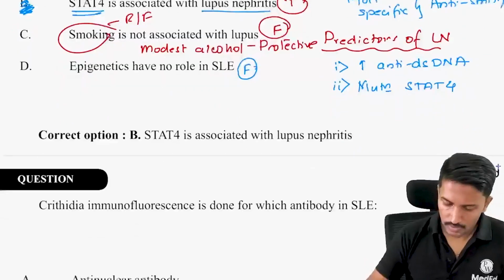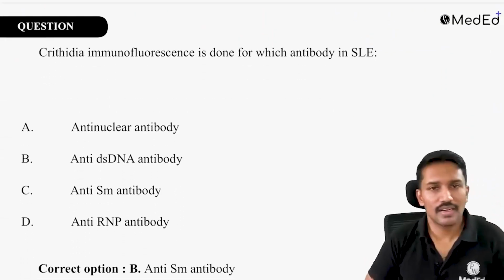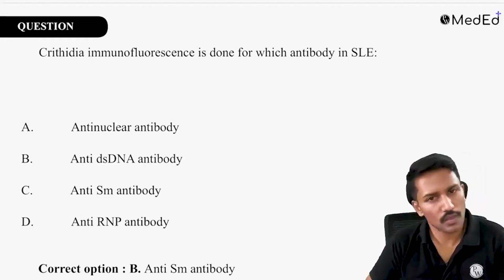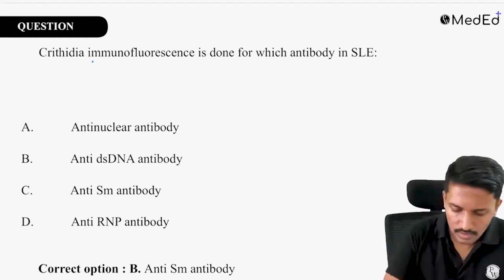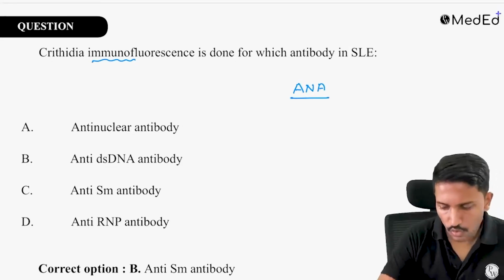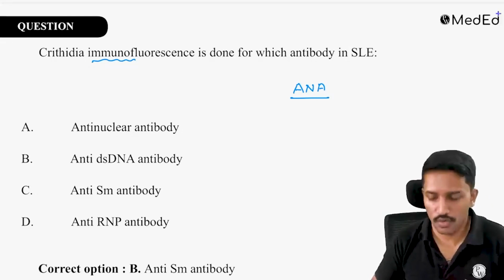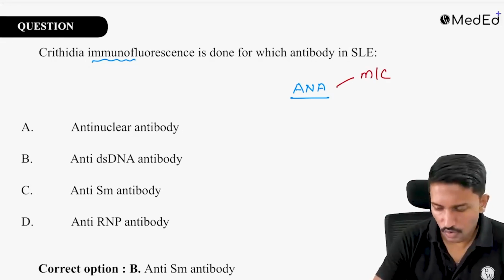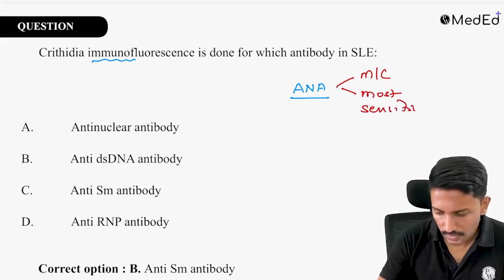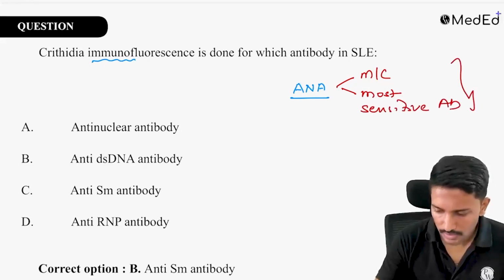Okay. Now moving to the next question. Crithidia immunofluorescence is done for which antibody in SLE? The point to note here is that ANA is the most common and thus the most sensitive antibody in SLE.